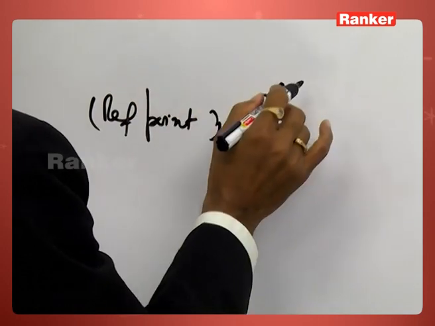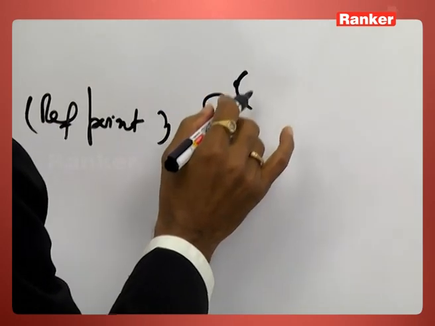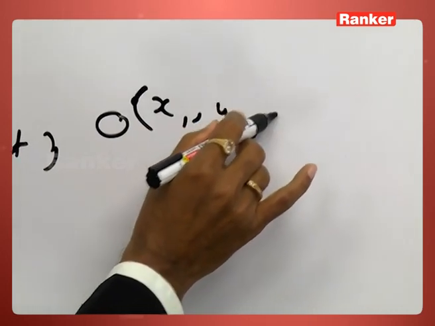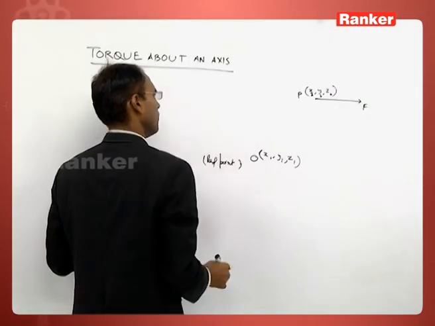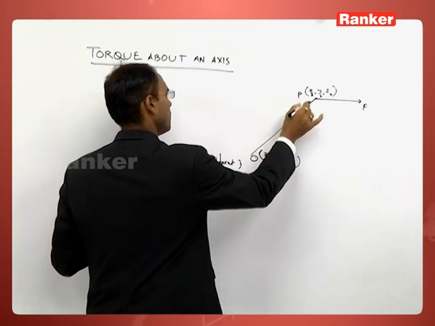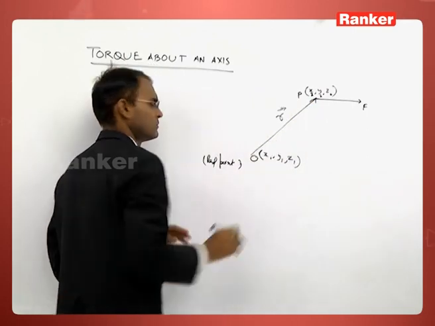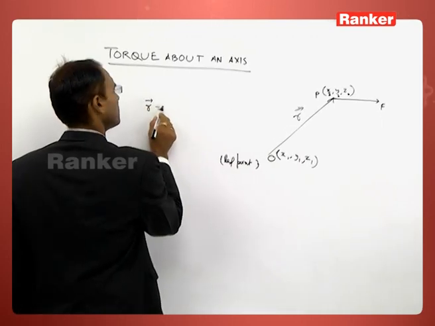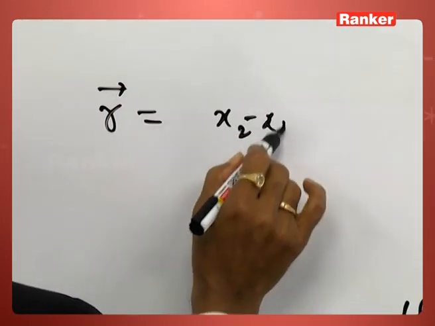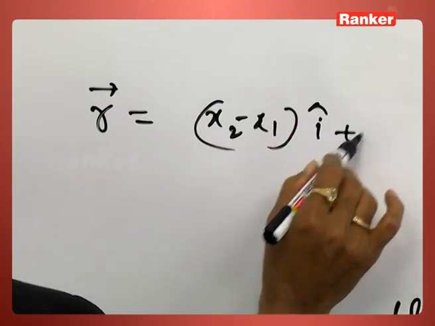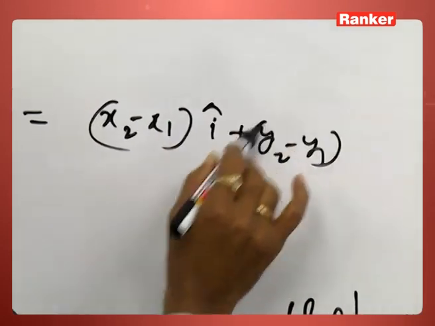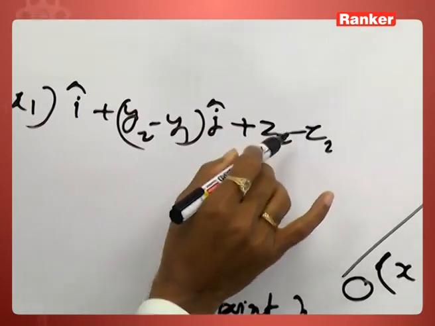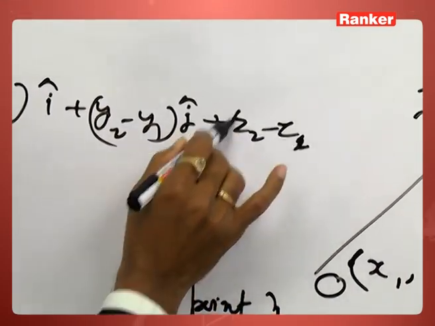Let its coordinates be x1, y1, z1. So the position vector of the point of application of the force can be given as (x2 minus x1) i cap plus (y2 minus y1) j cap plus (z2 minus z1) k cap.